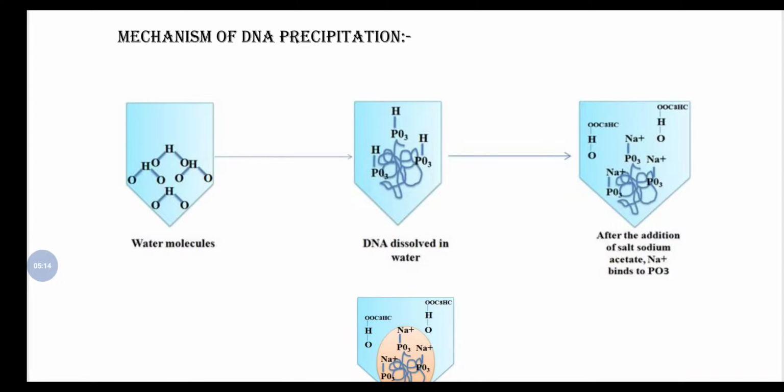So for that purpose also we use alcohol. Alcohol is used not only for precipitating the DNA but for washing it, and ultimately we can store the DNA in ethanol, because alcohol is not going to react with your DNA, right?